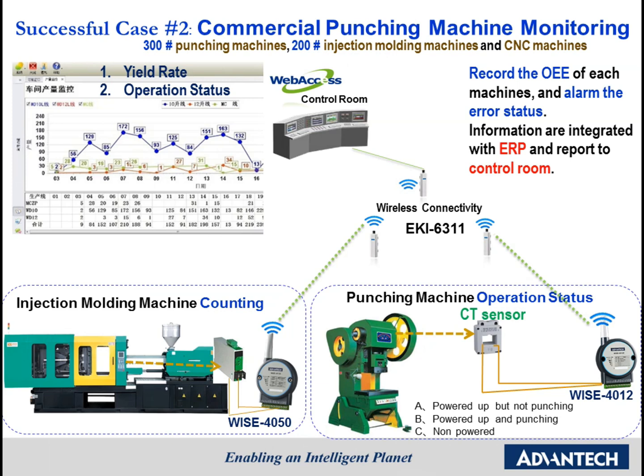Second, the counter function of WISE 4050 updates the yield rate without employees filling in paperwork manually. And also, WISE 4012 collects the signal from the CT sensor to realize the OEE of each machine and alarm on error status. All of the information is integrated with ERP and reported to the control room for further action.